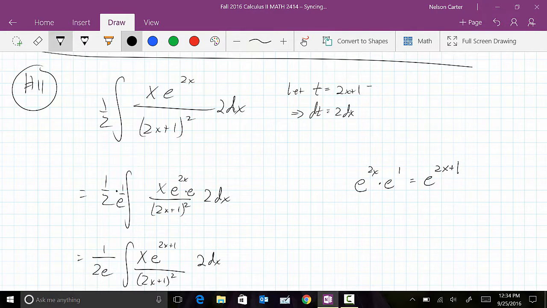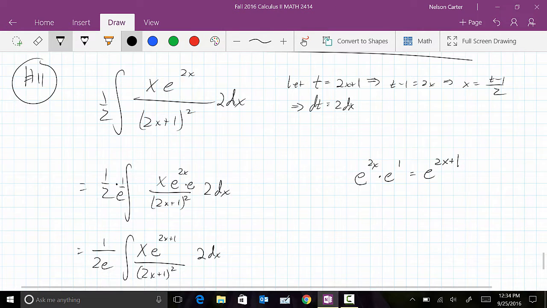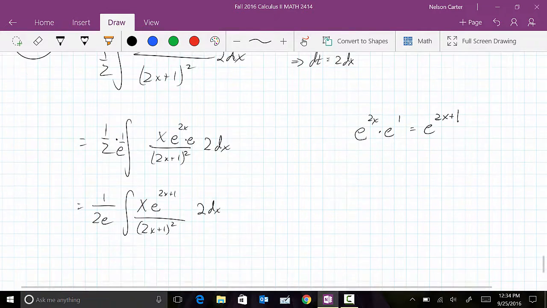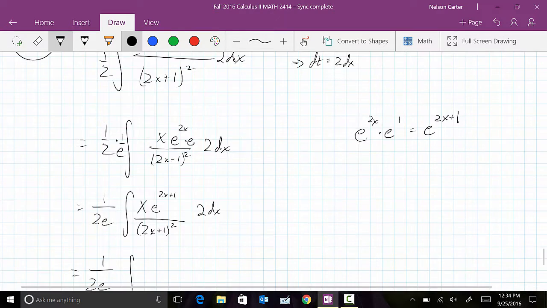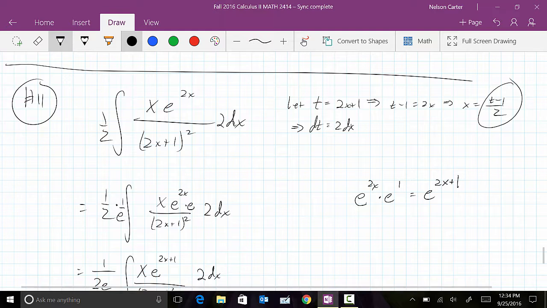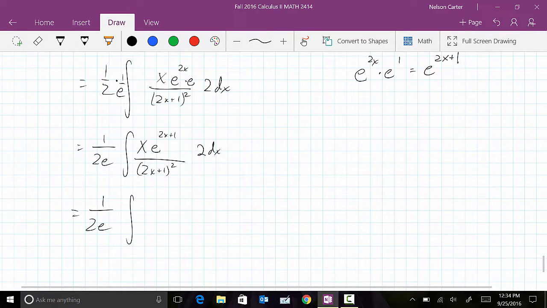So I'm going to come back to here. t minus 1 is equal to 2x, which means that x is going to equal t minus 1 all over 2. So then let me put that in. Now ultimately I'm ready to do my substitution. This is the integral of x, which becomes this whole mess of stuff, t minus 1 all over 2.